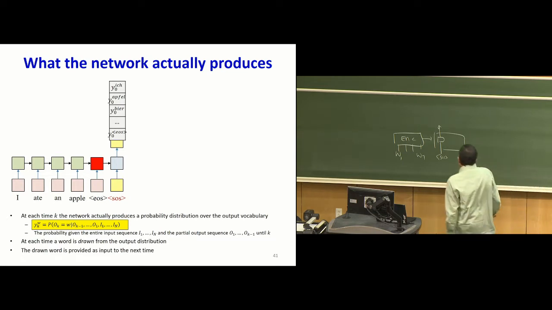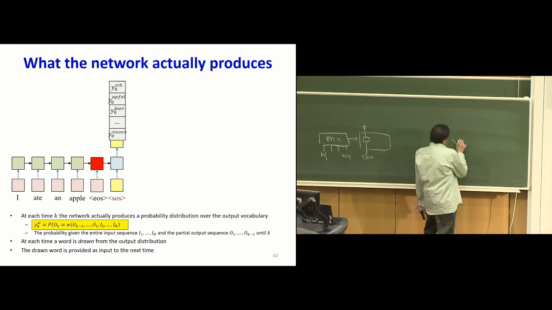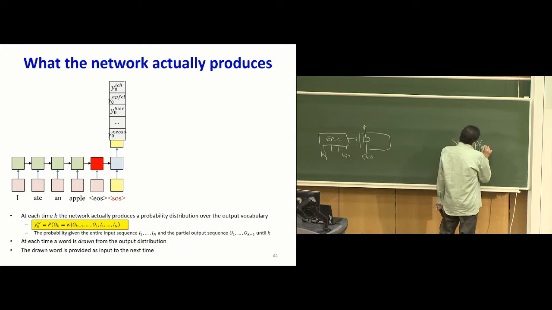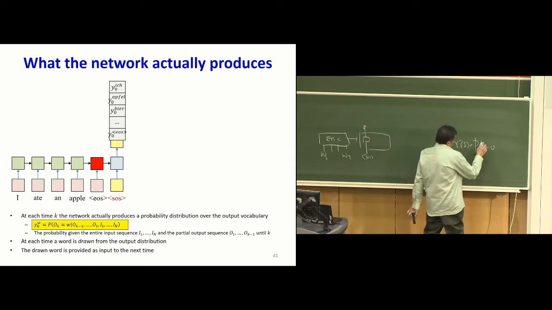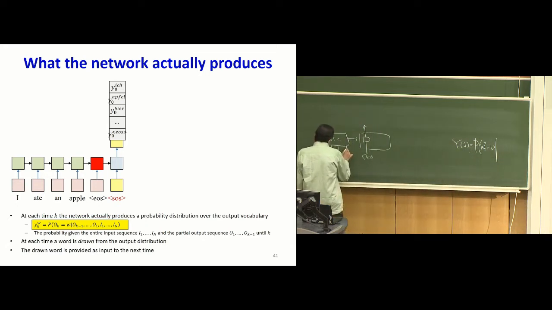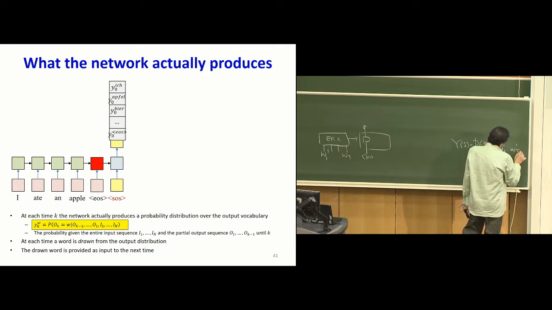So what is being produced over here? What is this probability distribution? This one is actually the probability distribution of the words, let me call this the output words, at time 1, given the entire sequence of input words and the start of sequence symbol.